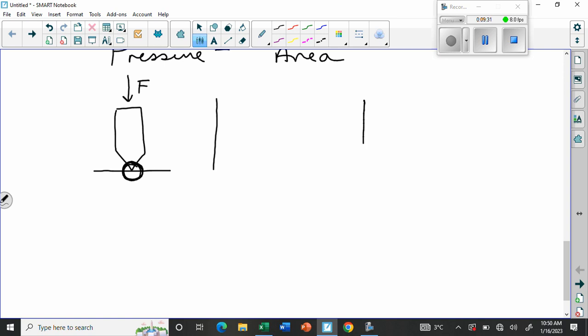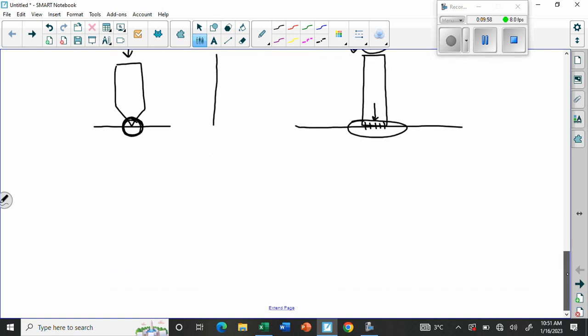But if you take the side of a fork, it's kind of flat on the edge. There's the side of a fork. It's flat. Here's your steak. Well, now you're pushing, but it's spread out over a larger area. So it might be the same amount of pushing, the same force that you're pushing down on the fork with, but it doesn't cut as easily because the pressure is not the same. The pressure is the force spread out over this entire area, and that has a different effect.